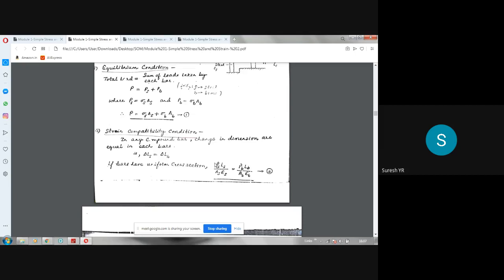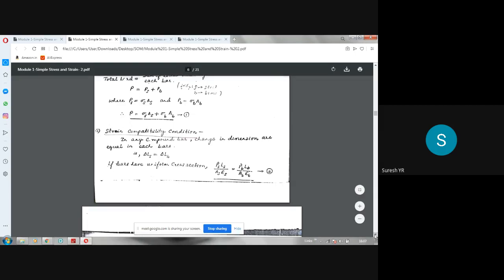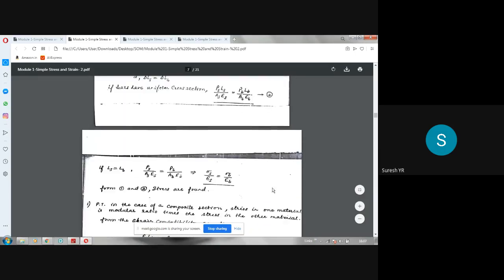Here P_S by A_S can be written as sigma_S, and P_B by A_B as sigma_B, so you get another equation. If the lengths are the same, then L_S and L_B cancel out. If they are of different lengths, then you have to use this. Anyway, all the lengths you will know.